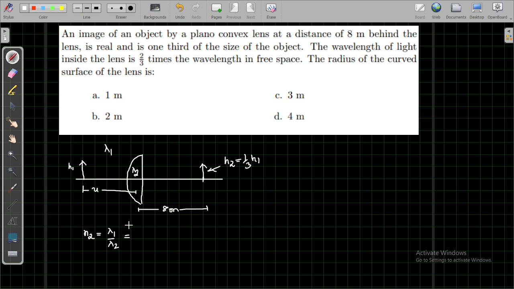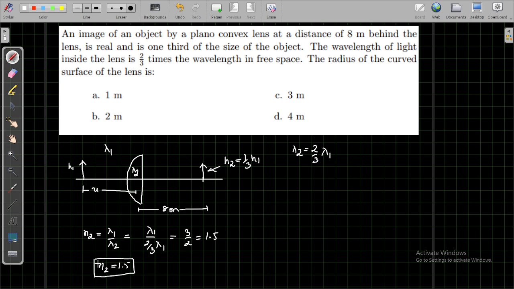Lambda 2 is 2/3 of lambda 1, lambda 1 being the wavelength of light in free space. So lambda 1 by 2/3 lambda 1 gives 3 by 2, which is 1.5. That is the refractive index of glass, n2 equal to 1.5.